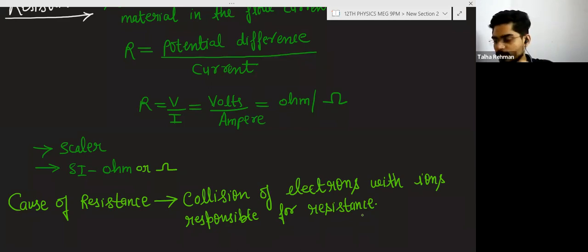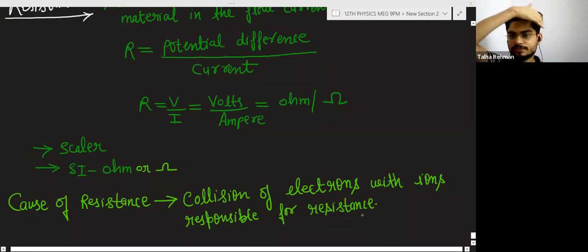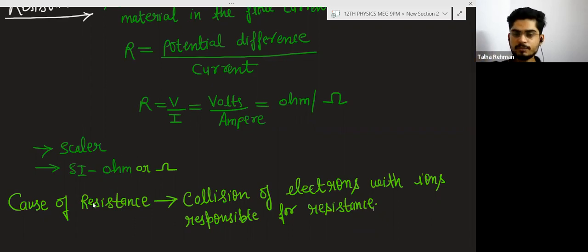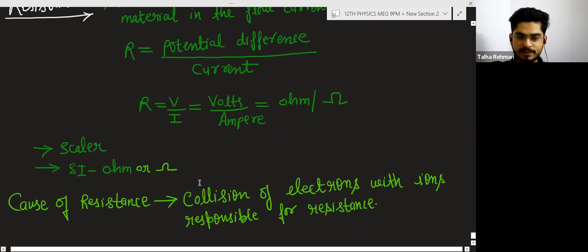If the collision is happening, what happens when the collision takes place? The momentum of the electron changes, which means the direction of motion of the electron changes. Earlier, the electron was going from the negative terminal to the positive terminal. Now, after the collision, there is an interruption in the motion of the electron.